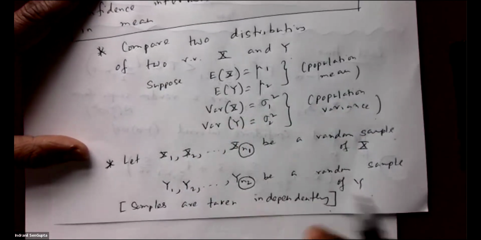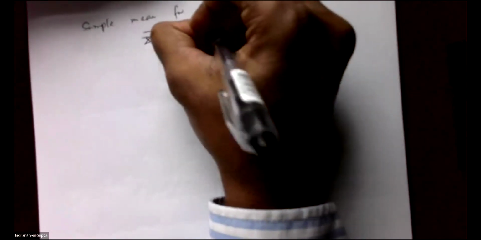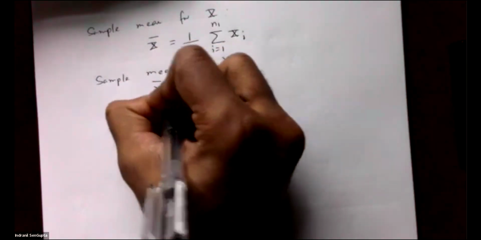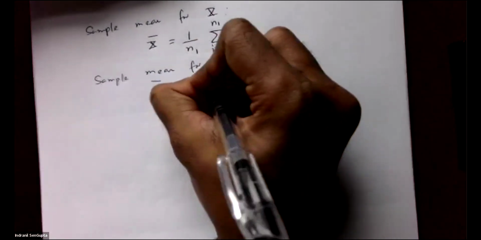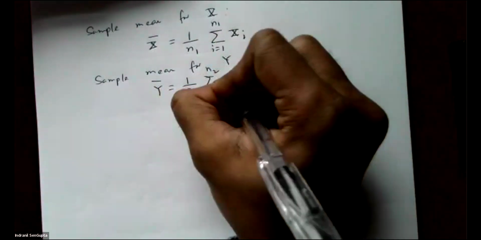This n1 and n2 may or may not be the same. Then the sample mean for x is x bar equals 1 over n1 times the summation of xi, i from 1 to n1. And the sample mean for y is y bar equals 1 over n2 times the summation of yi, i from 1 to n2.